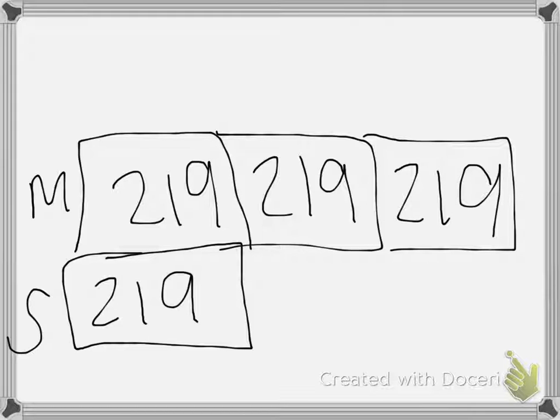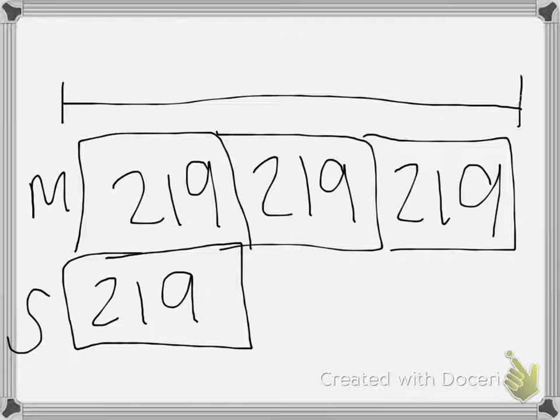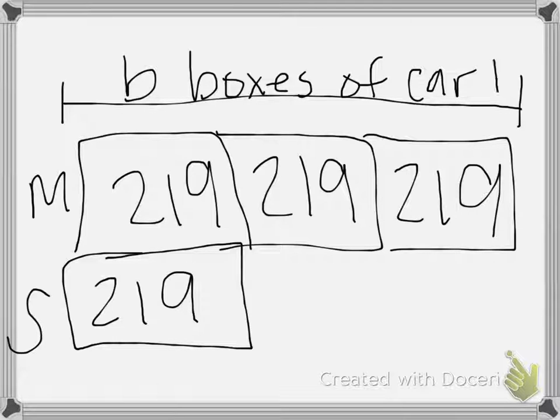Up top, since we don't know how many boxes or how many cards Mary has, we are just going to put B up here for boxes of cards, because we haven't done our addition or our multiplication yet, so we don't know how many is up there. So I want you to go ahead and write this down. This is how you would show your work on a test that asks you to draw out a multiplication problem.